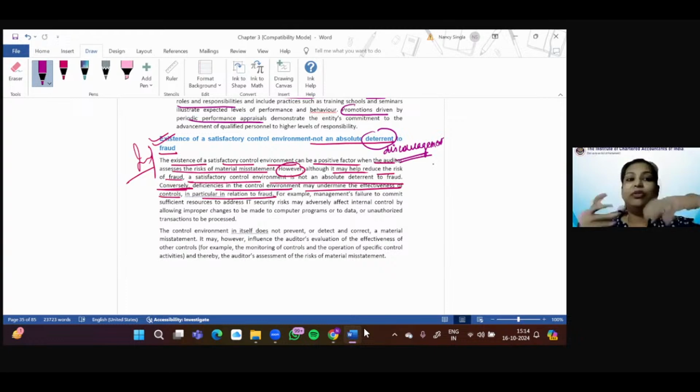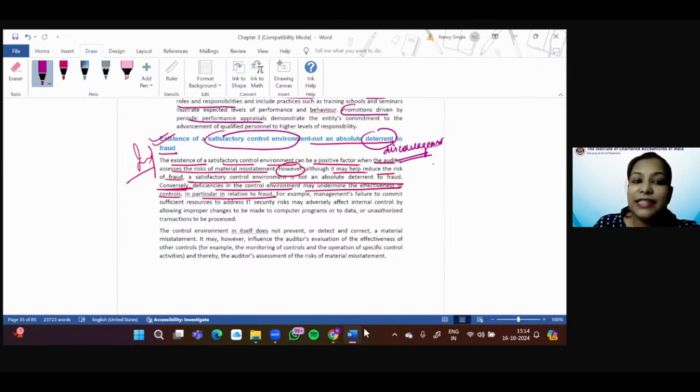See, if there is no satisfactory control environment, then it will undermine the effectiveness of internal control, right? Because the control environment is very weak. So the auditor can assess that, okay, if the control environment is not satisfactory, chances are that the internal control is less effective. But vice versa, with a satisfactory control environment, the auditor cannot say now there will not be any fraud. That is not possible.